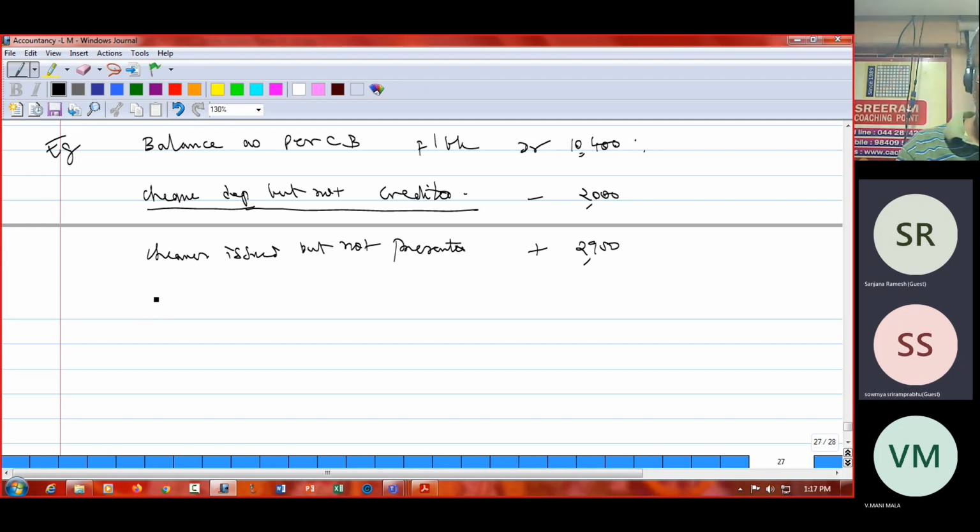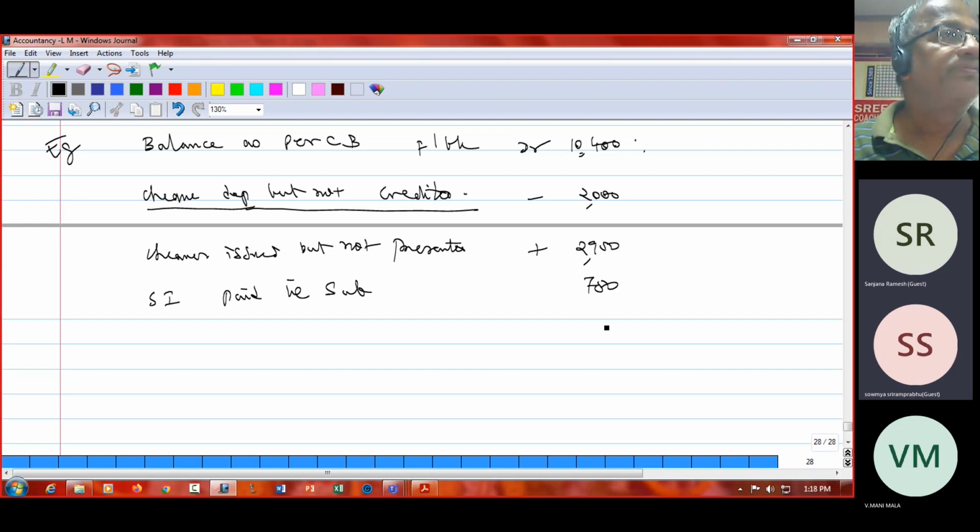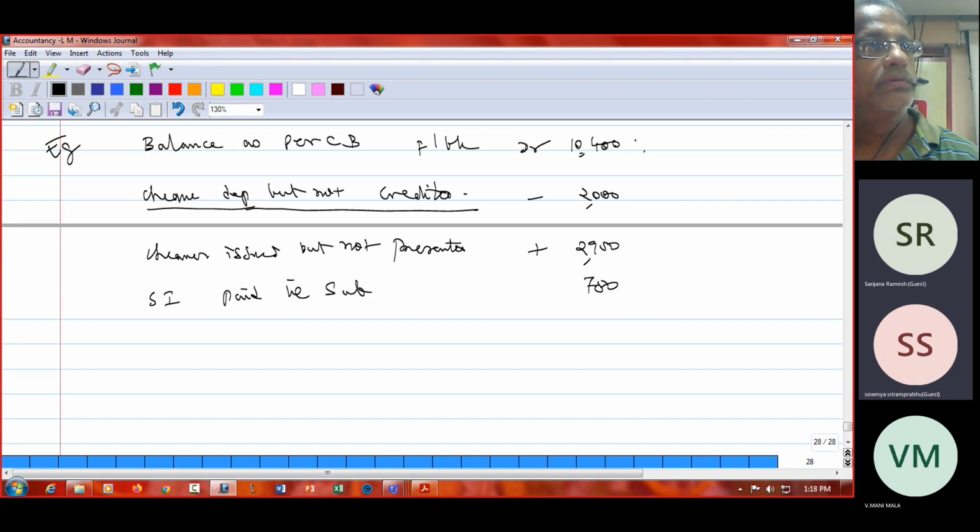Okay. So standing instruction paid, that is subscription, rupees 750. In which book is this standing instruction found? What do you mean by standing instruction?